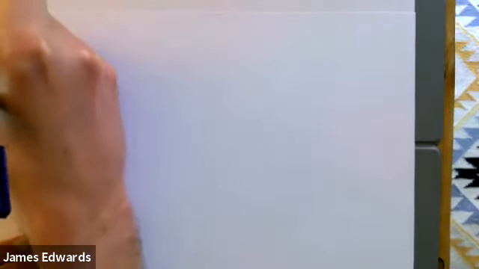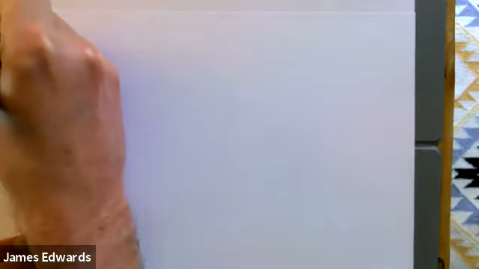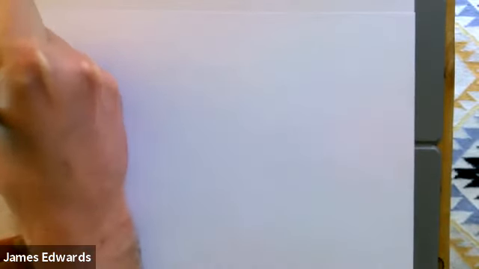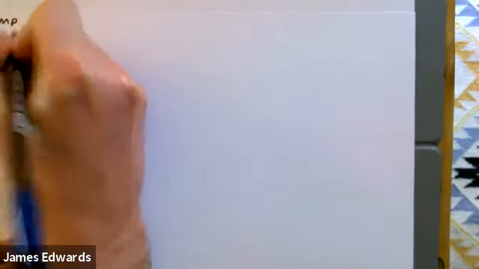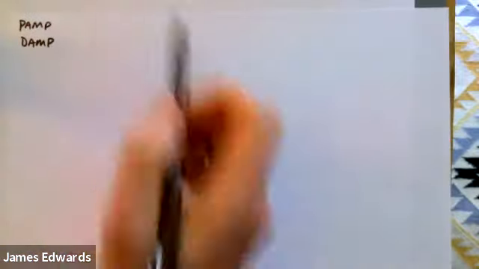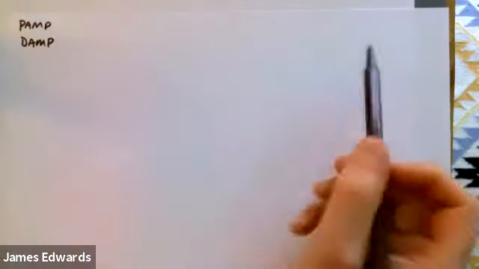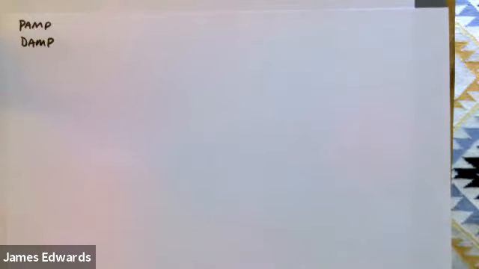So hopefully you can see, there we go, piece of paper. What we're going to do is PAMP and DAMP. Along the way, we'll define the terms and I'll try to write down any acronyms that come up.